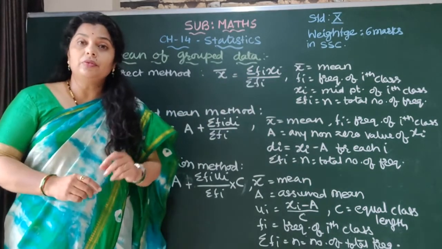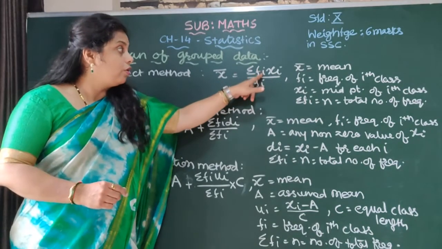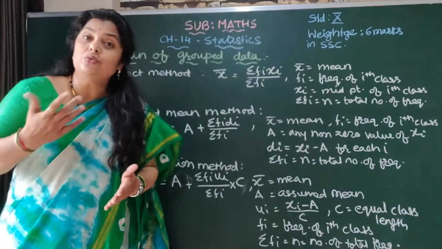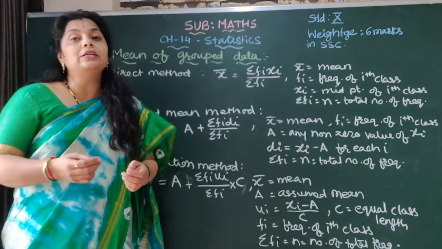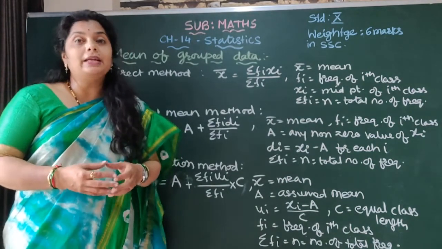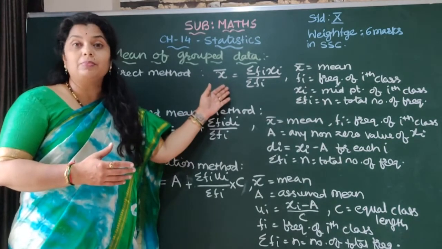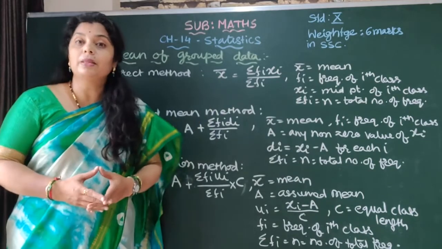Now, if the numbers of fi and xi are too large, their product must be too large again, and it is very time consuming, we can say, to calculate such types of examples and to find out the mean.